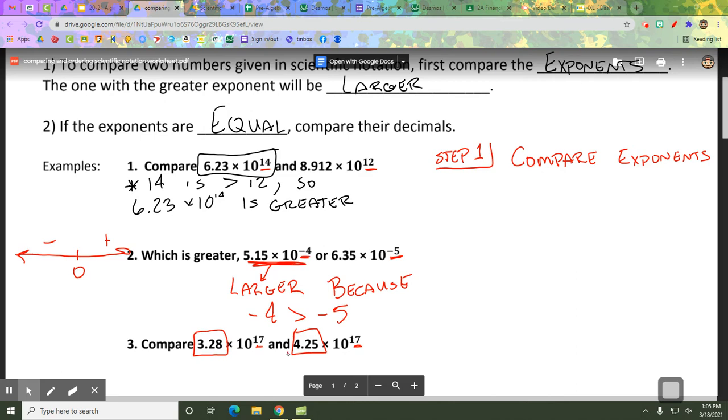Okay, so this one is greater, because we looked at the decimal numbers out front. So if the exponents are the same, you automatically go to the decimal number out in front. If the exponents are different, you automatically go to whichever exponent is larger, and that's going to be your bigger number. Okay? And two, it's important to focus on what the question asks you, like, which of these two numbers is the smallest number?